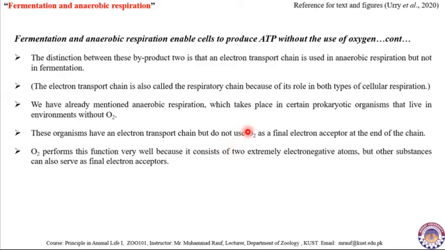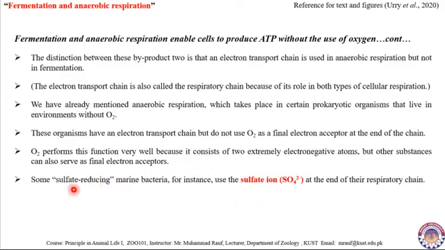But in that case the energy produced is much lower, because the high electronegativity of oxygen enables this process to occur efficiently and generate the maximum amount of ATP. If other molecules act as the final acceptor of electrons, the electron transport chain will still continue functioning, but it will not function as efficiently as when oxygen is present.